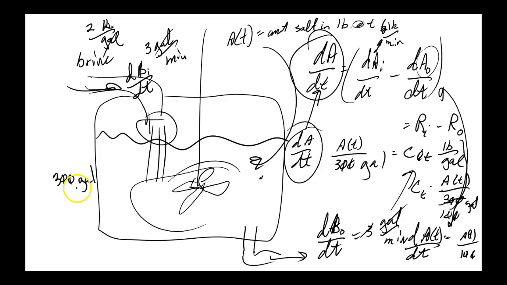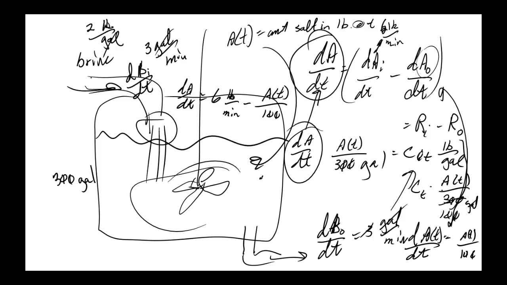So, to write that equation down, dA/dt is equal to 6, this is pounds per minute, that's your input, minus A of T, the amount in the tank, divided by 100, and this will be in pounds per minute as well. But that's your differential equation.